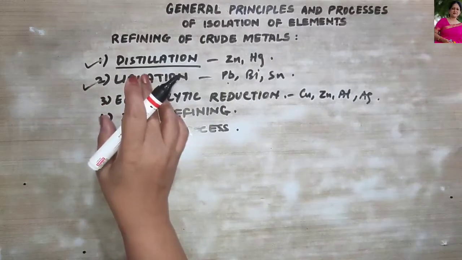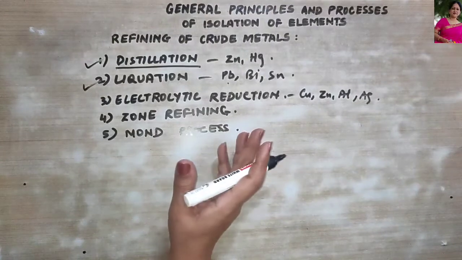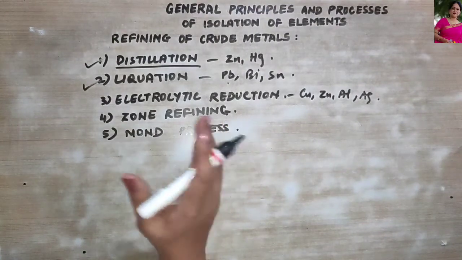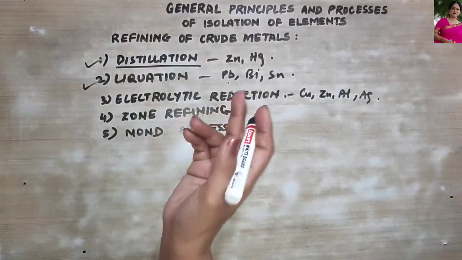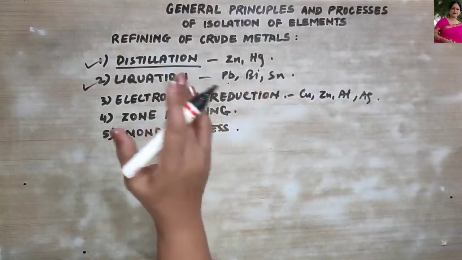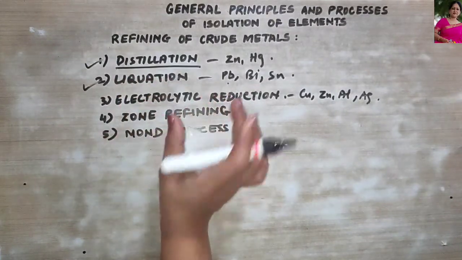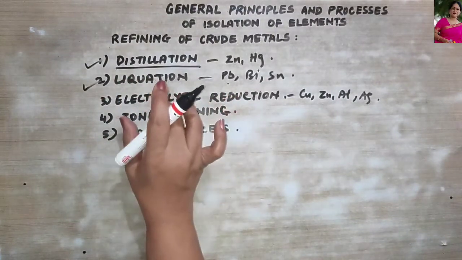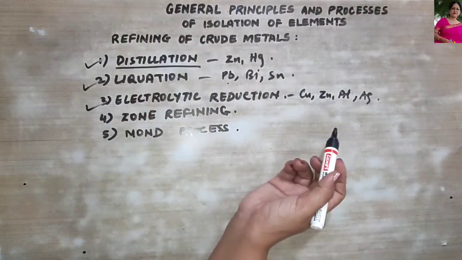The impurities of the anode are collected at the bottom of the cell, and that is called anode mud. When the complete process is over, the cathode becomes a thick rod and the anode has become a thin rod. So this was your electrolytic reduction.